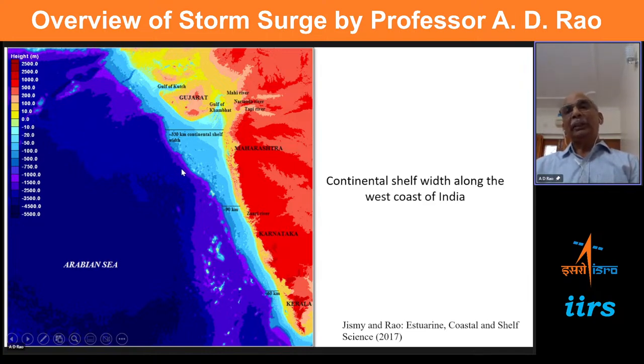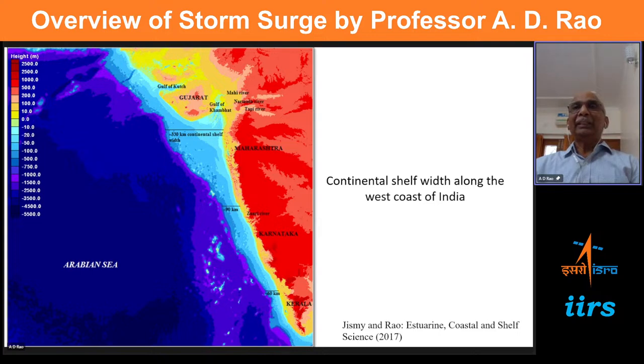The continental shelf width is about 35-40 kilometers to 60 kilometers north of Kochi, then it increases to 90 kilometers around Mangalore, and it increases continuously up to 300, 330 kilometers near the Bombay region. Maharashtra and Gujarat all have very long continental shelf widths.